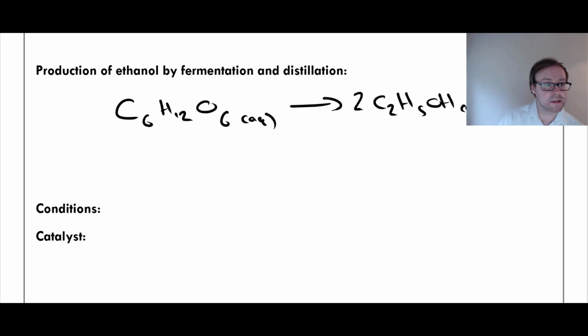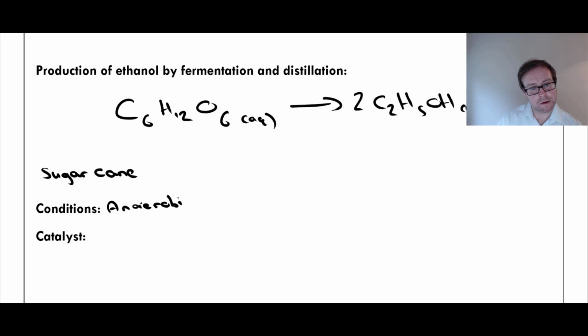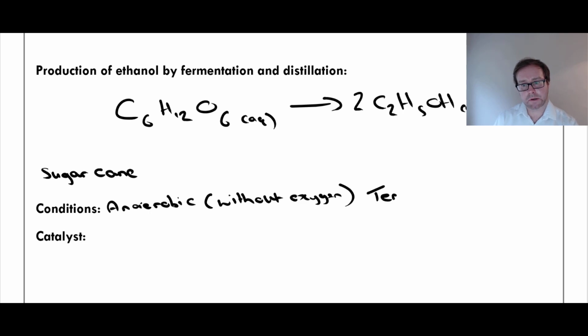So to get this, we need to use usually sugar cane, or something that has a natural fruit which involves glucose. The conditions are we need anaerobic conditions, which means without oxygen, temp of about 25 to 35 degrees Celsius, nothing above body temperature, because otherwise the enzymes will denature.